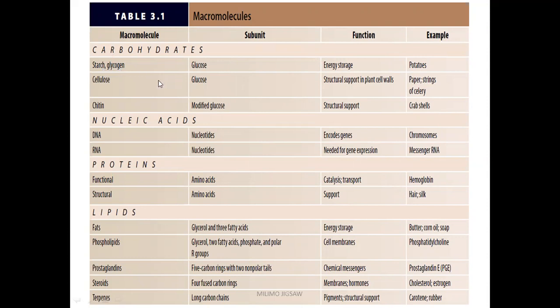We also have cellulose, which is made of glucose as well. Then we have chitin, which is made of modified glucose. Glycogen and starch are energy storage molecules: starch in plants and glycogen in animals.